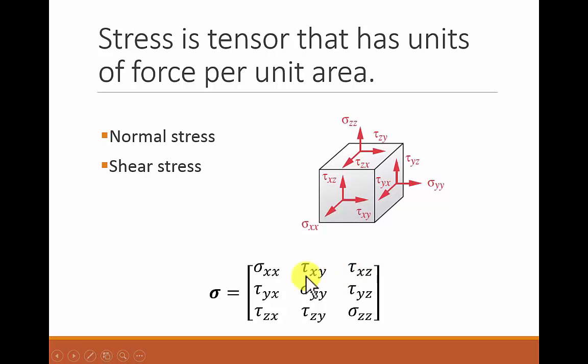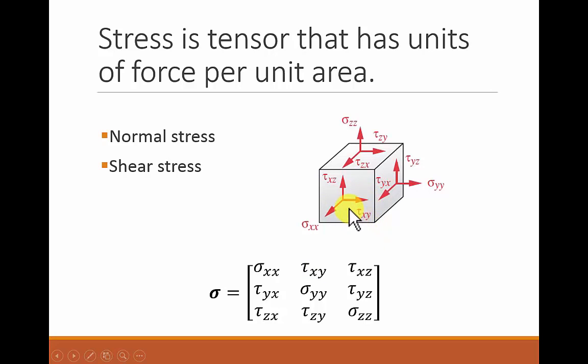And as a reminder for the subscripts, the first value has to do with the plane on which we're discussing. The second value has to do with the direction of that particular stress value. So xx is on the plane of the x in the x direction, and xy is on the plane of the x and in the y direction.